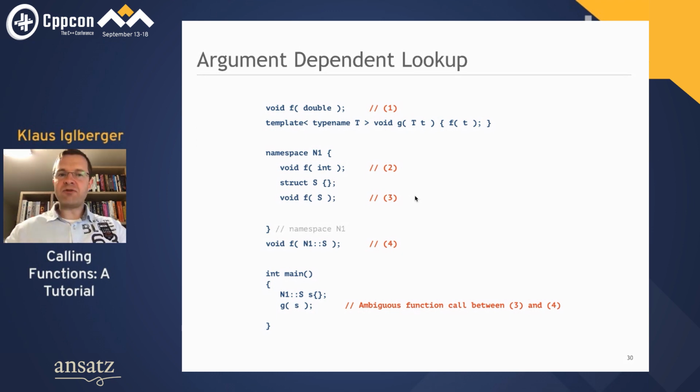The compiler would now find all these functions, and 3 and 4, unfortunately, are so similar that the compiler cannot decide which one is better. This is the point where we say a function call is ambiguous. We'll revisit this again when we talk about overload resolution. But it finds both 3 and 4, both are equally well matched. The compiler will fail in the overload resolution stage.